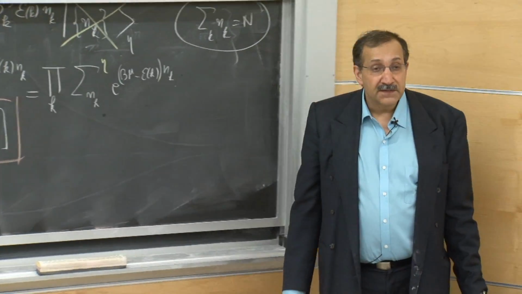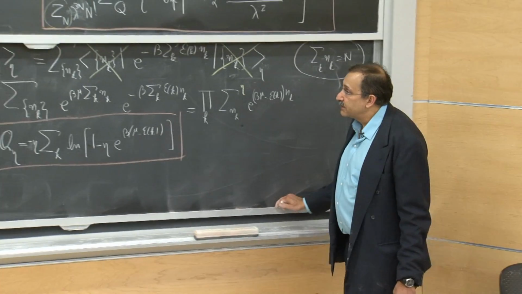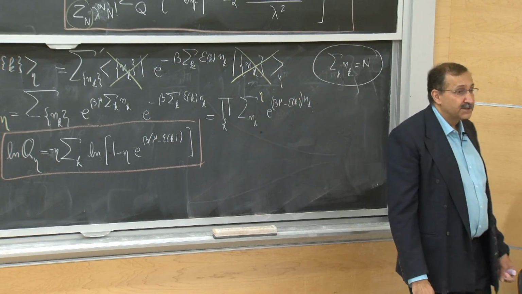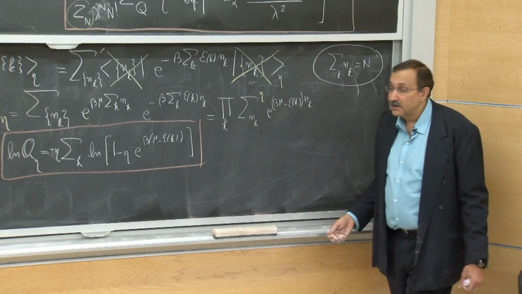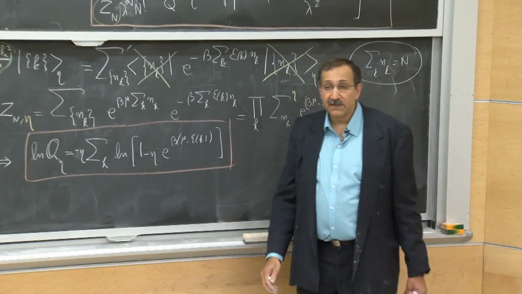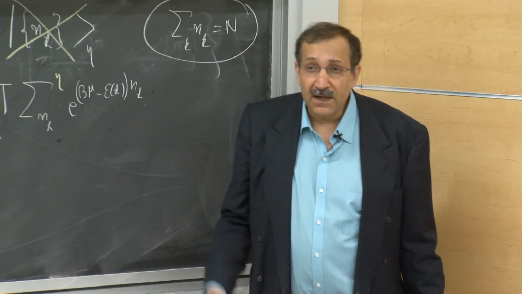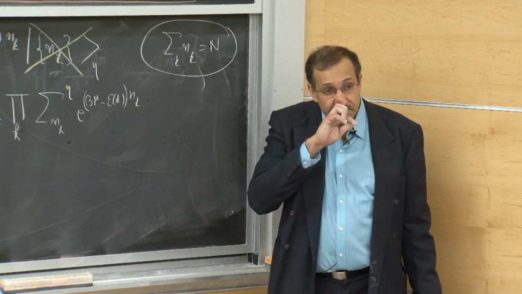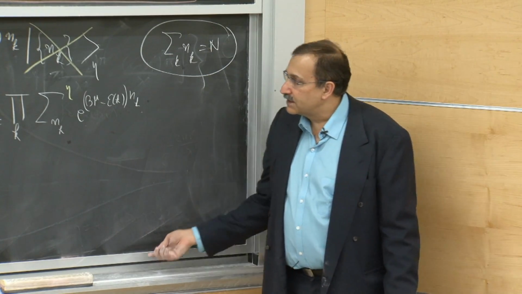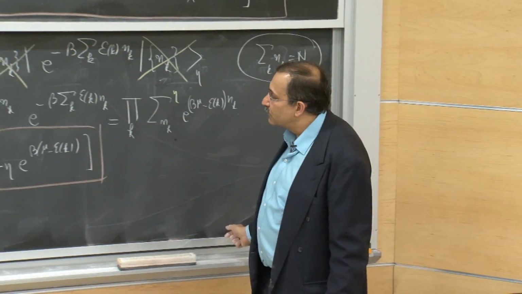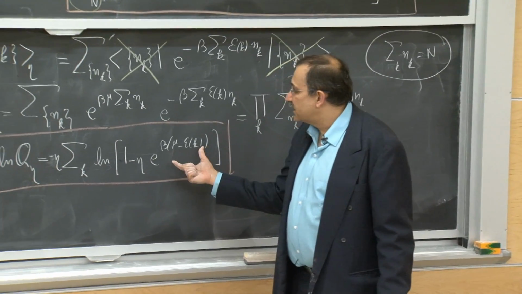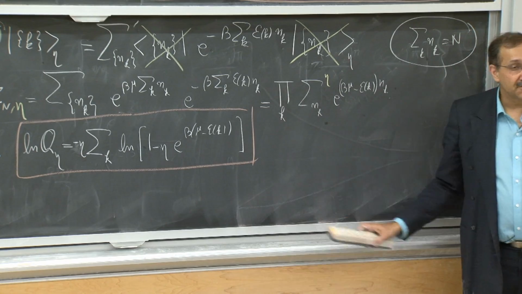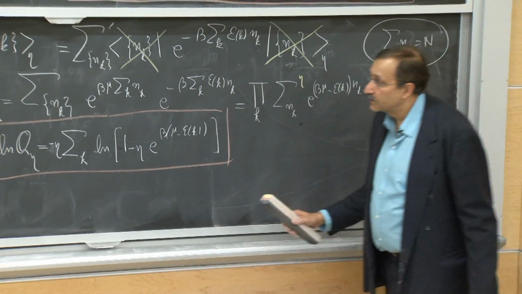Now, one of the things that we will encounter, having made this transition from canonical, where we knew how many particles we had, to grand canonical, where we only know the chemical potential, is that we would ultimately want to express things in terms of the number of particles. So it makes sense to calculate how many particles you have, given that you have fixed the chemical potential.